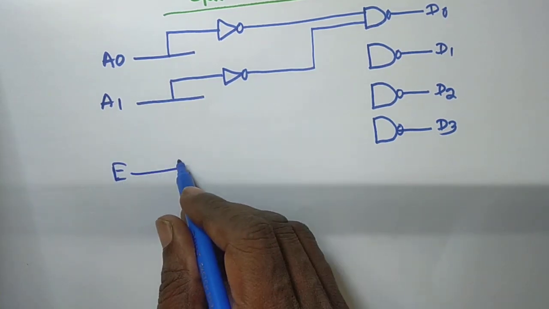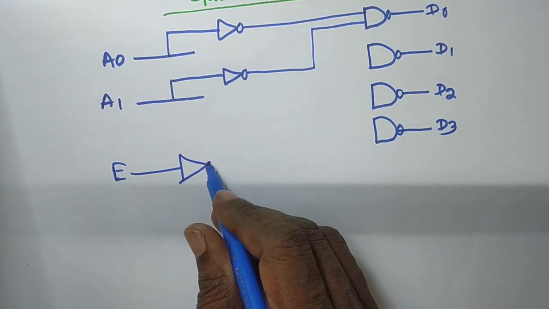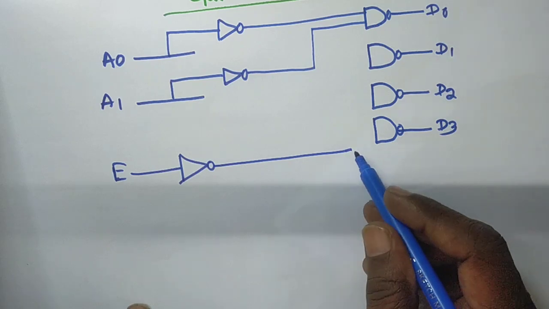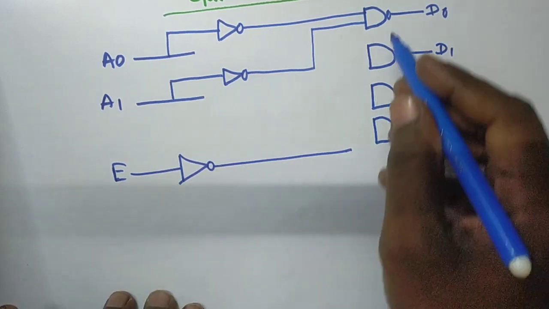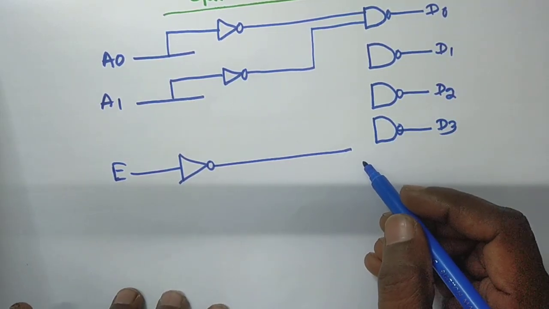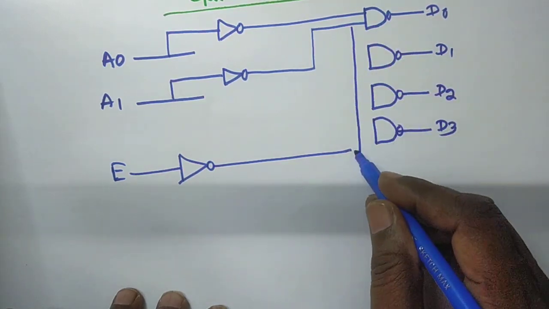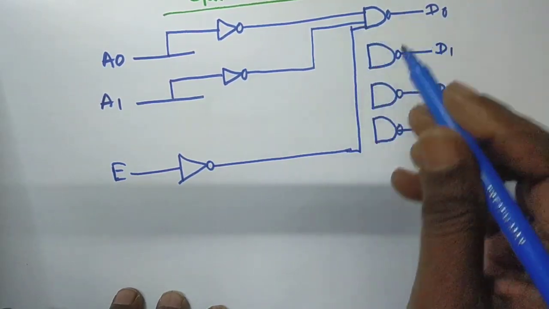E for enable is also considered in this manner for all the NAND gates. One part is the enable, the other part is our input.